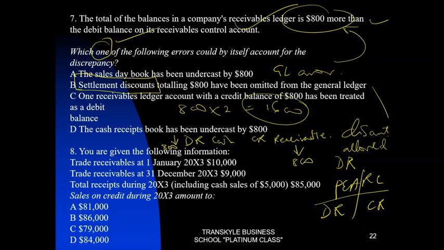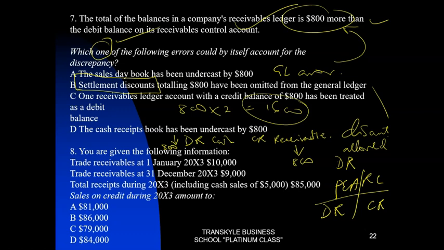But you can see that the question is saying the total of the balances in the receivables ledger is $800 more than the debit balance on the receivables control account. So we can see that in this case, it is the debit side of the receivables control account that is in shortfall.